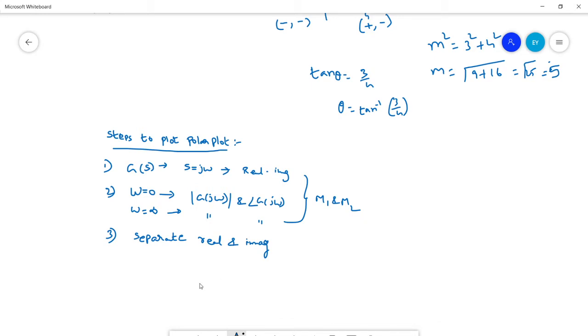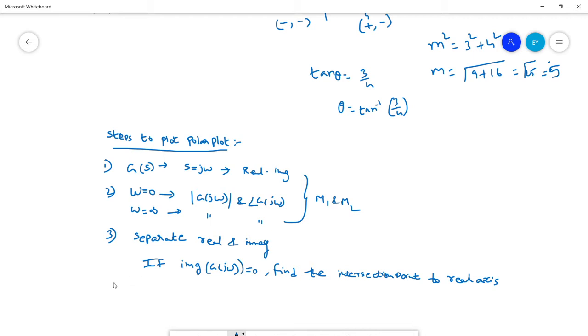Okay. Then once you separate the real and imaginary parts, if the imaginary part of G of j omega is equal to 0, then you need to find the intersection point at the real axis.